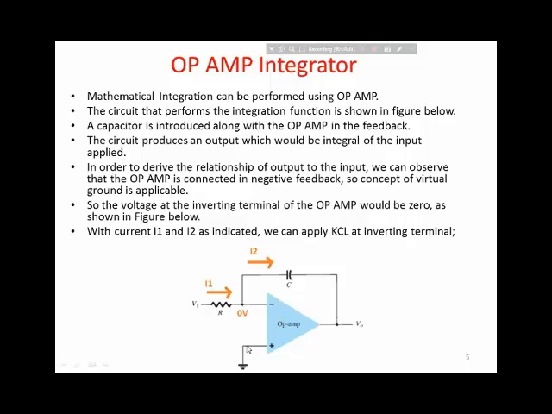That is, if the non-inverting terminal is connected to actual ground, then the other terminal would be at virtual ground. So the potential of this node would be 0. With this fact, we can apply Kirchhoff's current law at this node.